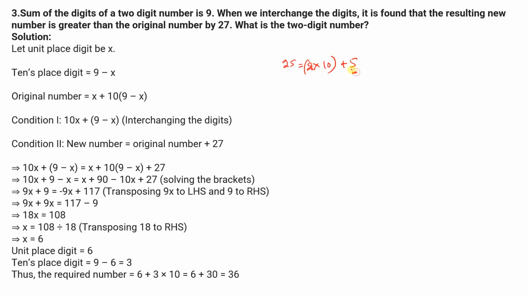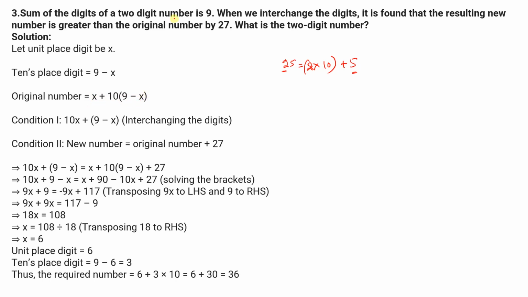So this is the digit in the ones place and 2 is in the tens place, so its place value becomes 2 into 10. Similarly here, the original number becomes x, the digit in the units place, plus in the tens place we have 9 minus x. So it is x plus 10 into 9 minus x.